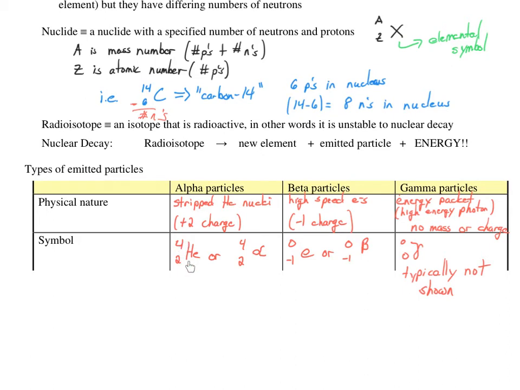Sometimes you'll see this represented as associated with helium. Sometimes you'll see it associated with the alpha symbol here, lowercase Greek alpha. Beta particles, high energy electrons, don't have any protons or neutrons. The atomic number is essentially -1.